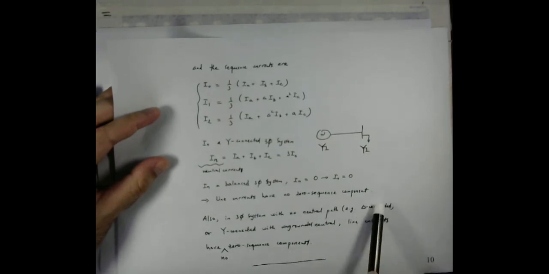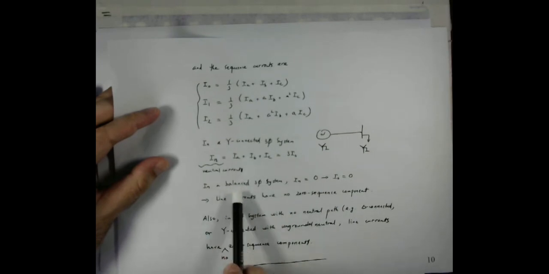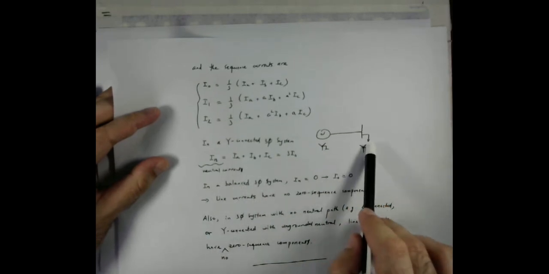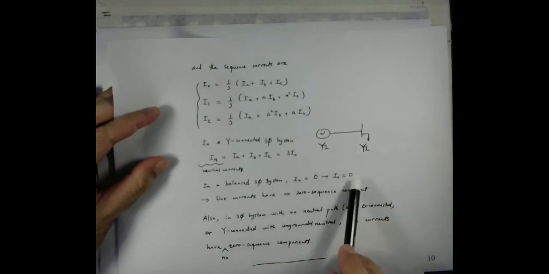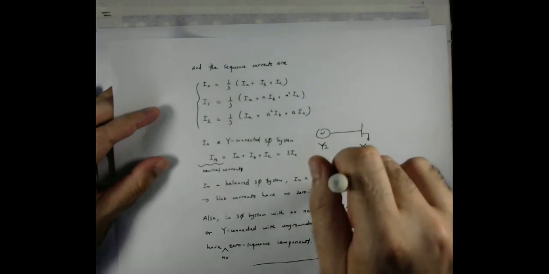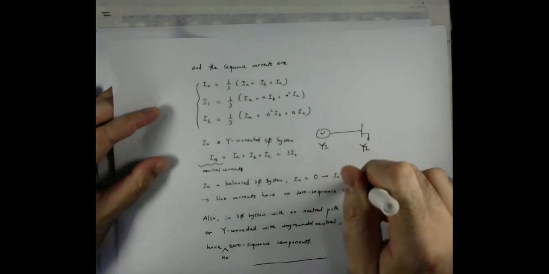If it is either delta connected or Y connected with the neutral not grounded, then also the line current may have no zero sequence component. Obviously, in the case of a balanced system with the neutral grounded, the zero sequence current also has zero value.